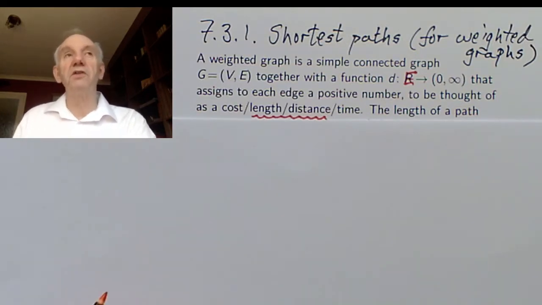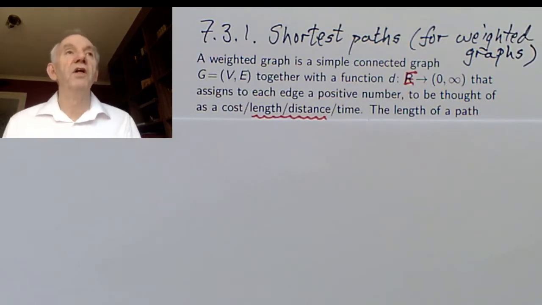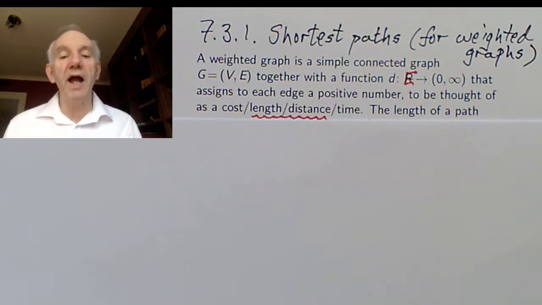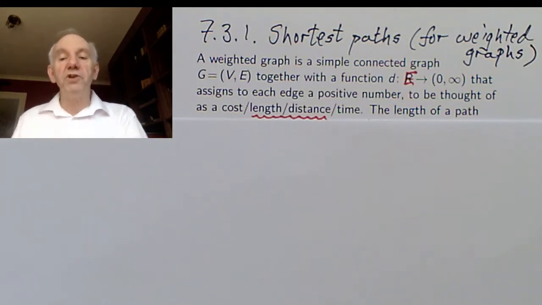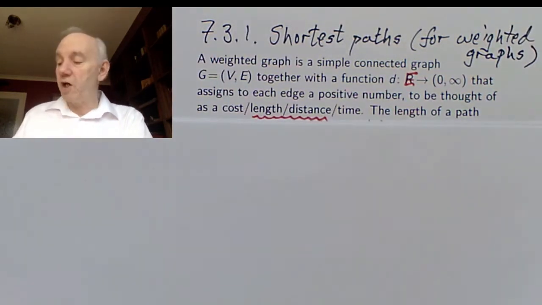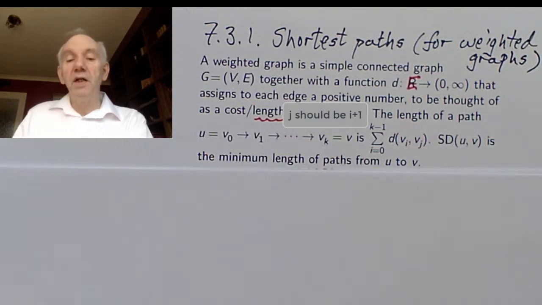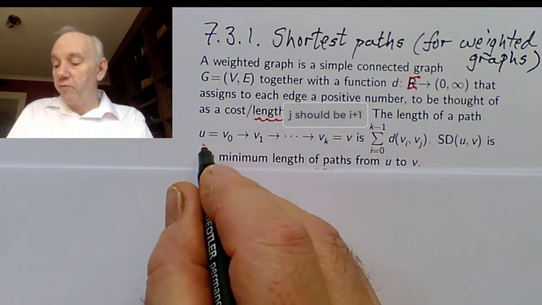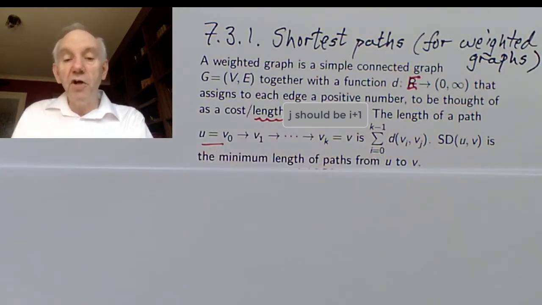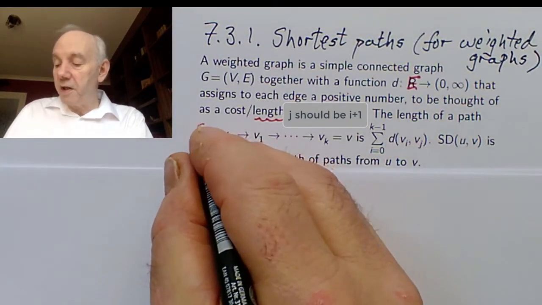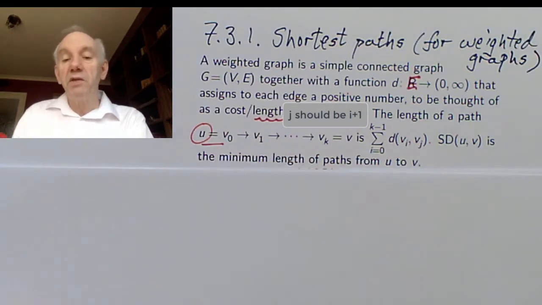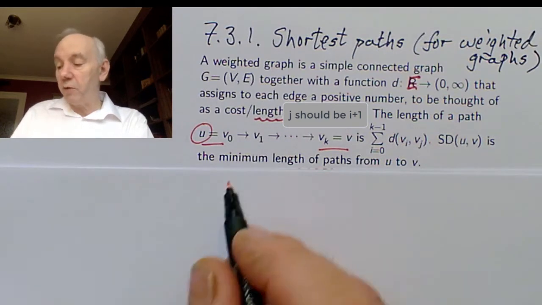The length of a path is simply the sum of, if you go along a path, that means a sequence of edges, you just sum up the lengths or the weights of the edges you encounter. So if you really want to see that written in symbols, it's simply saying that if we have a path from some initial vertex u, which will always be for me the initial vertex today, to some final vertex v. So a path is just a sequence of edges.